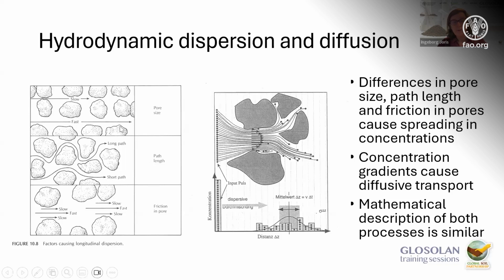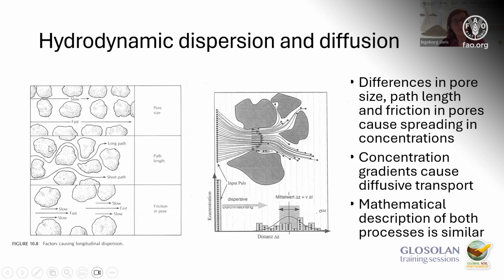Depending on the pore size, if you look here to the left, we have some factors why we speak about this dispersion. Your solute can pass very slowly if the pore is very narrow, or very fast if it's a bigger pore, a highway. Also, your solute will have to move between these particles.